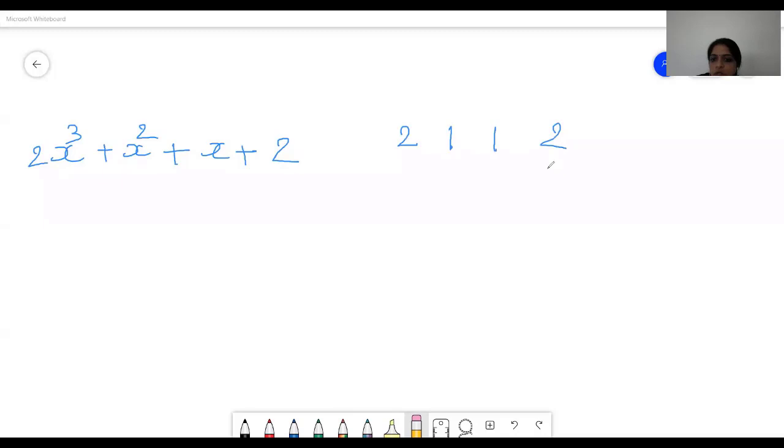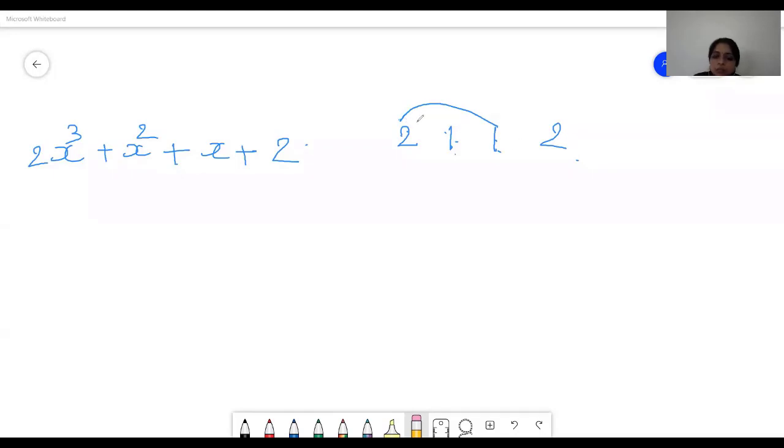So there is no question of getting 0. So the summation of all these coefficients is non-zero. At that time we will check. See, this is the coefficient of x cube and this is the coefficient of x. So these are the odd power coefficients and these are the even power coefficients, right? So 2 plus 1 is 3, odd power coefficient. And 1 plus 2 is 3. So the summation of the coefficient of odd power and the summation of the coefficient of even power, this constant term means x raised to 0, and 0 we conclude in the even power.